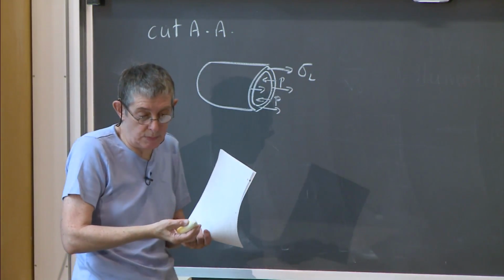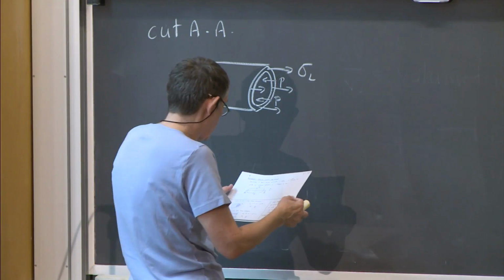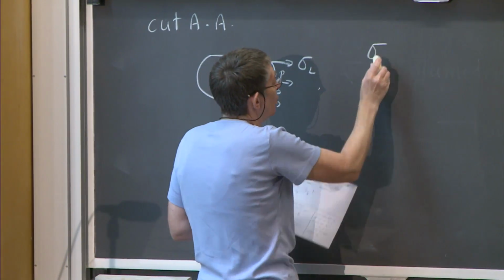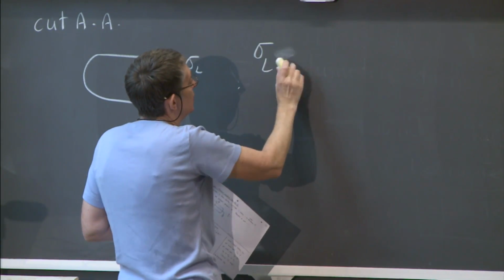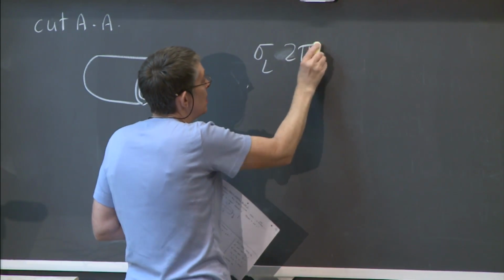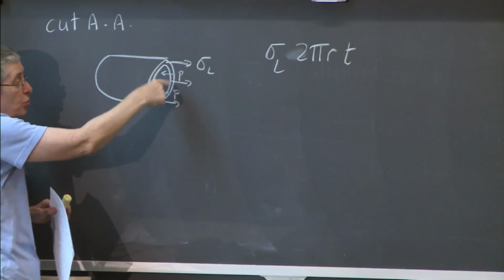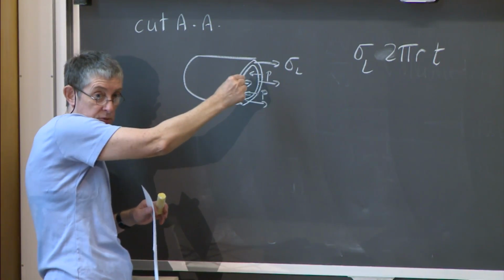So that stress is going to put the wall in tension, and the pressure is going to be pushing on it. And the forces from those two stresses are going to balance out. So the force is the longitudinal stress times the area that it's acting over. So this longitudinal stress is acting over the wall thickness there. So the area is 2 pi r times the thickness.